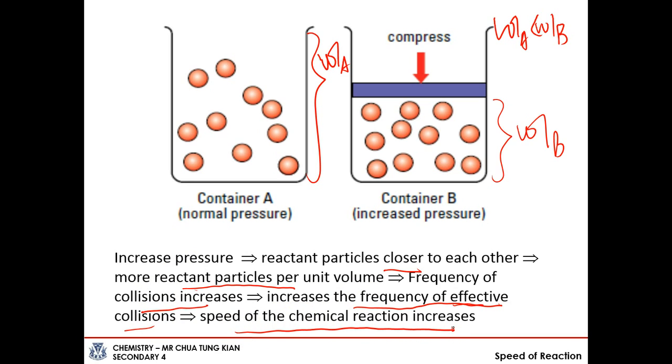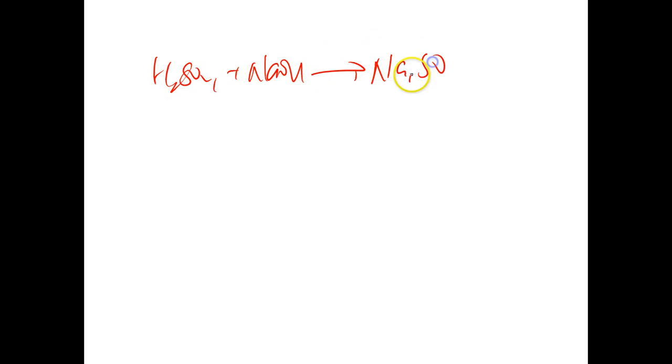So to lead on from here, if I were to have a reaction mixture containing, let's say, H2SO4 plus NaOH giving Na2SO4 plus H2O, is there a way for me to increase the speed of reaction by increasing the pressure? No, this is not possible.